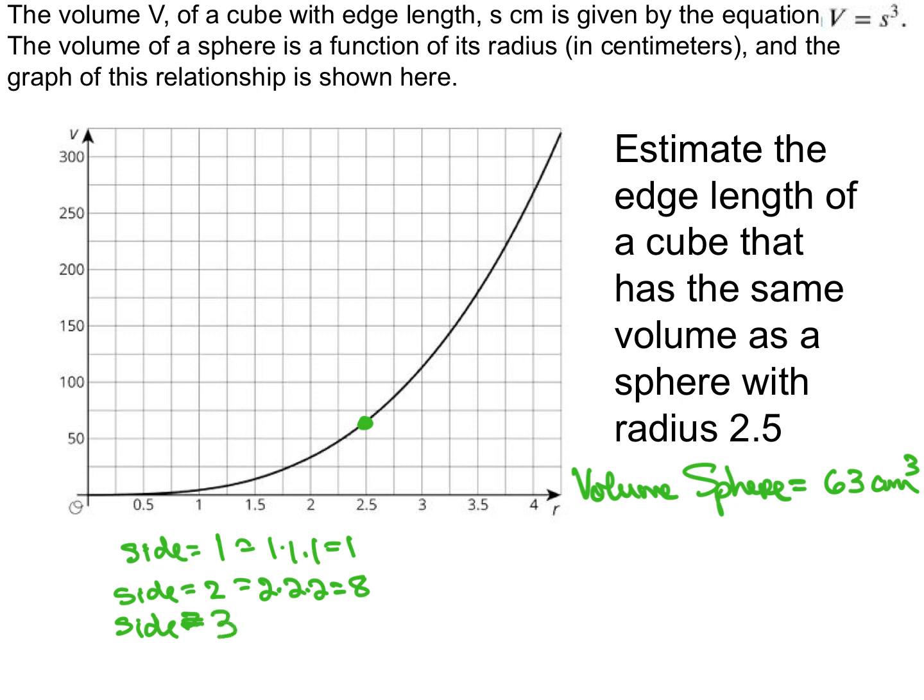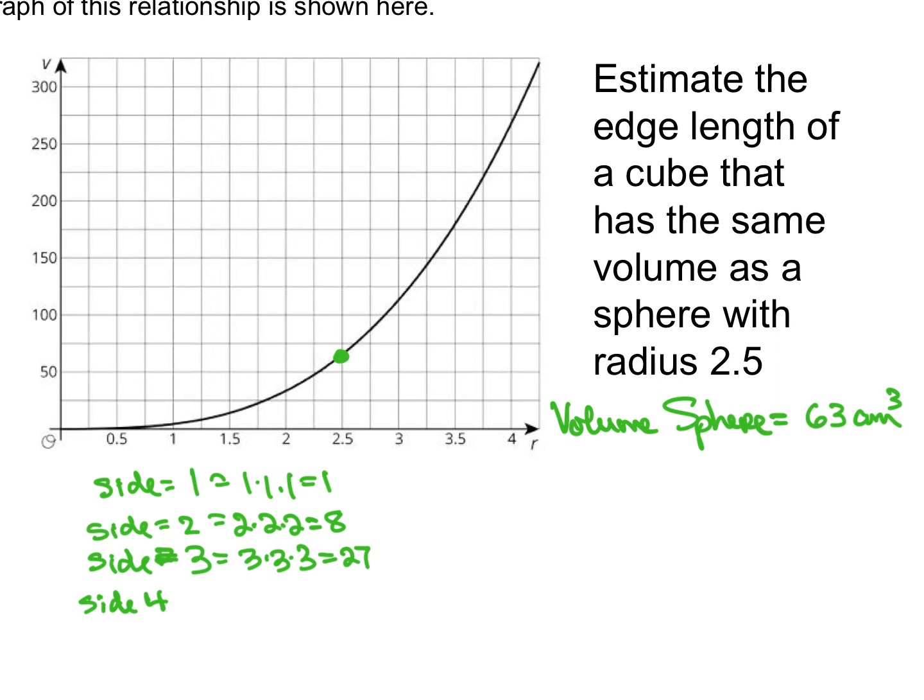Side of 3. Side equals 3. 3 times 3 times 3. That's 9, 27, right? So side 4. Sorry, need a little bit more room. So side equals 4.